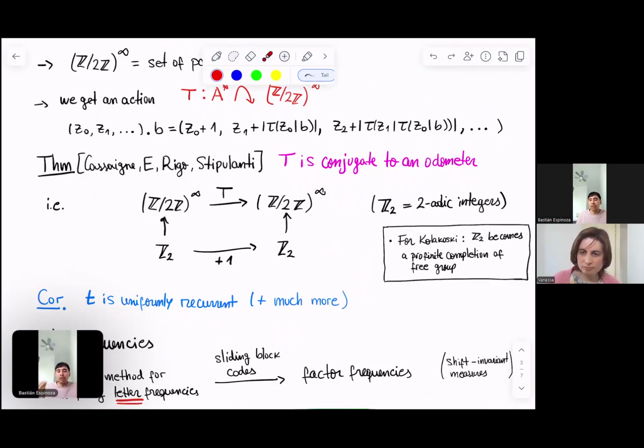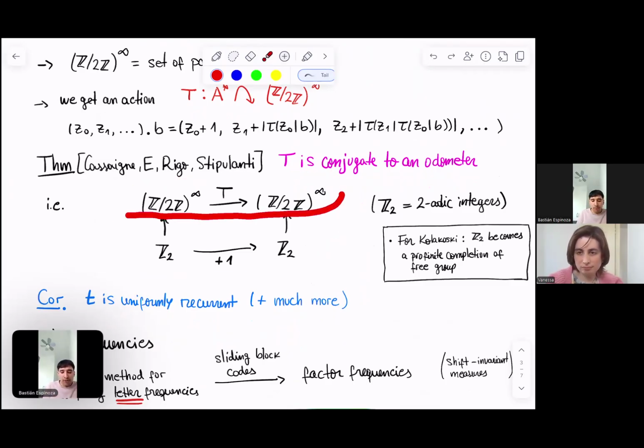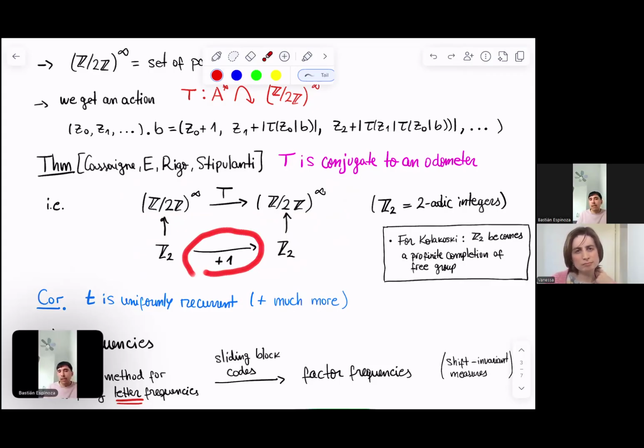This action T is conjugate to an odometer. So in more precise terms, it means that we have a commutative diagram of this type, where here we have the action that I was talking about before. Below, we have what we call an odometer, and this means that the base space is the set of two-adic integers. And then we have an action that is simply adding one, as before, but we're adding one in a space that is much more complex than before, because this is an infinite space.